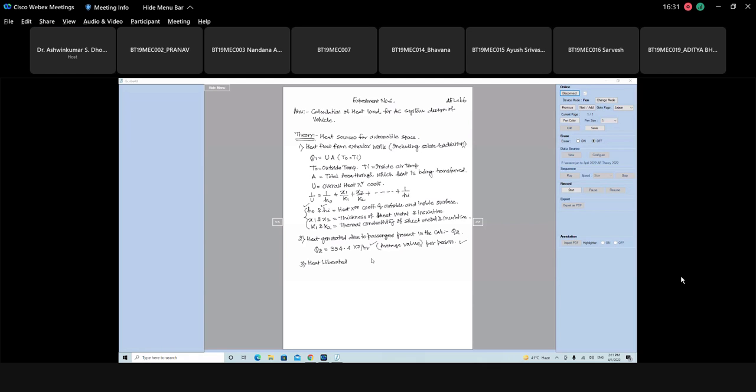Heat liberated from equipment. That means whatever equipment is fitted in the car, so electrical appliances and other things.